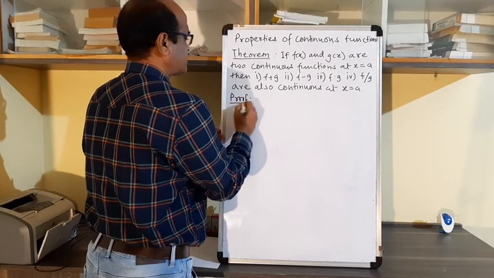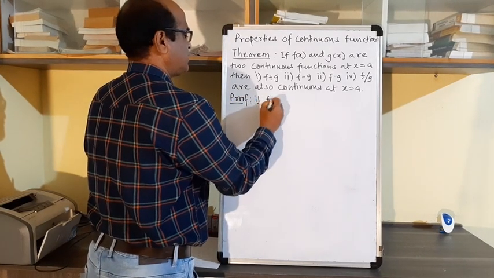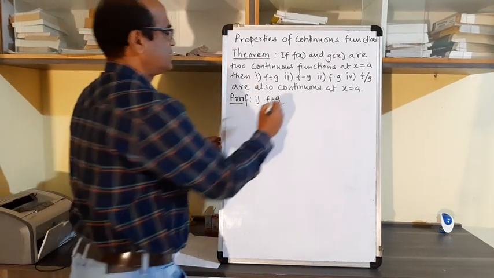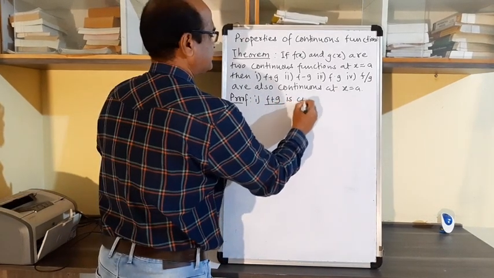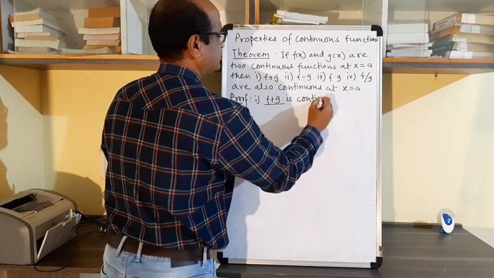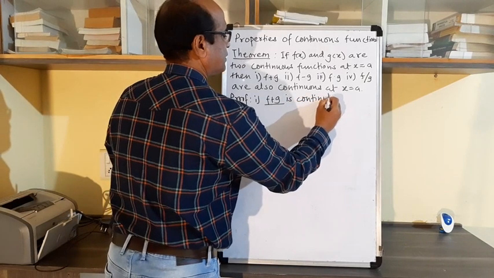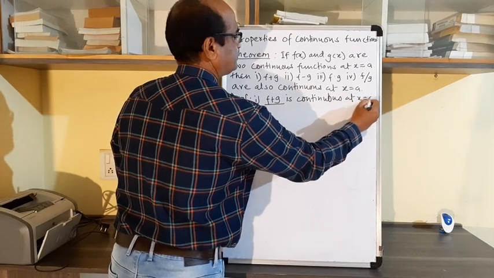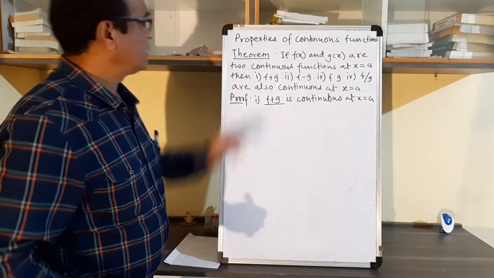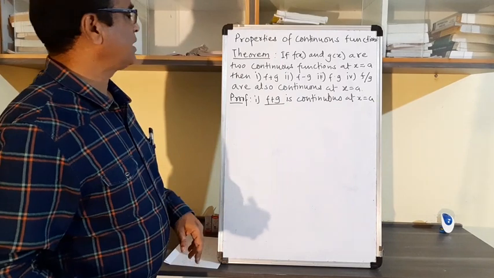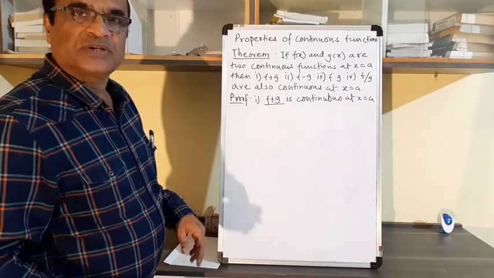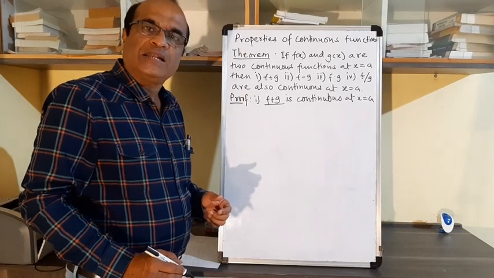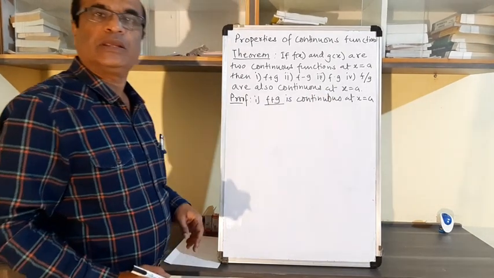So that is the first: f plus g is continuous at x is equal to a. So what is given here? f(x) and g(x) are continuous functions, that is given, but we have to prove that f plus g is continuous at x is equal to a.